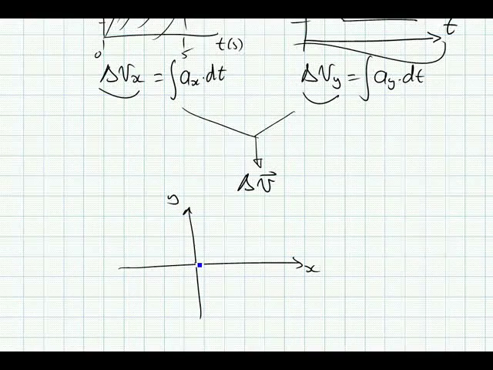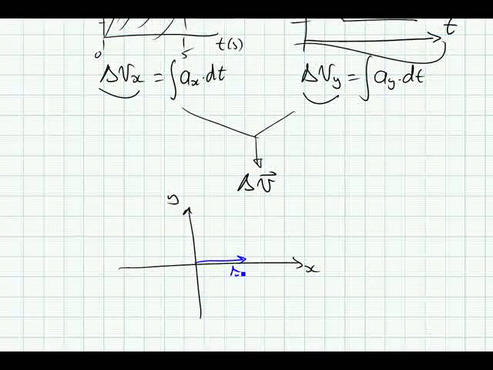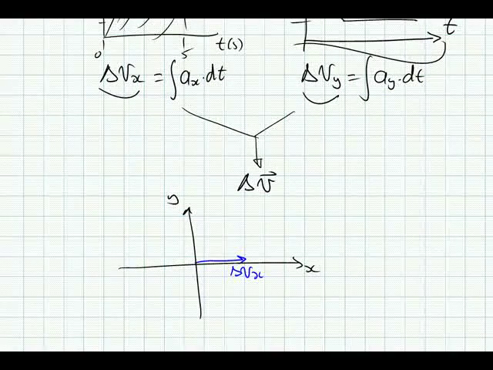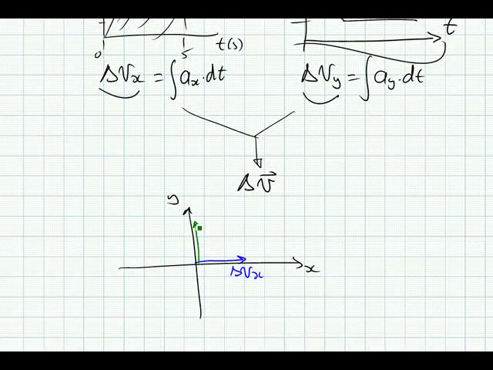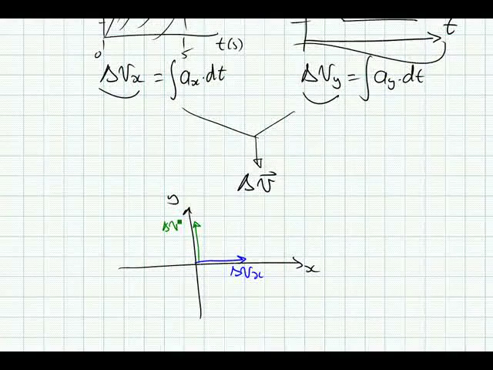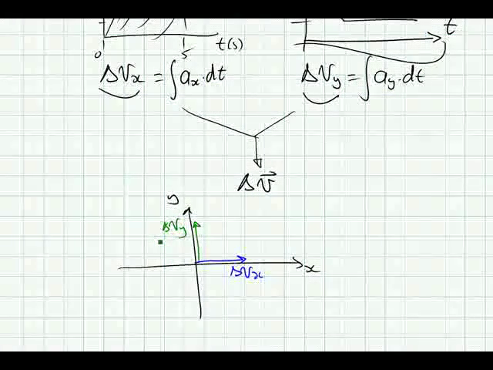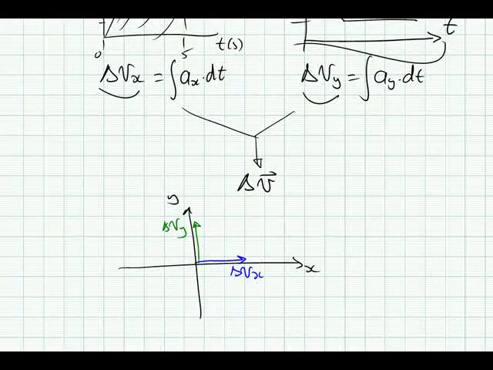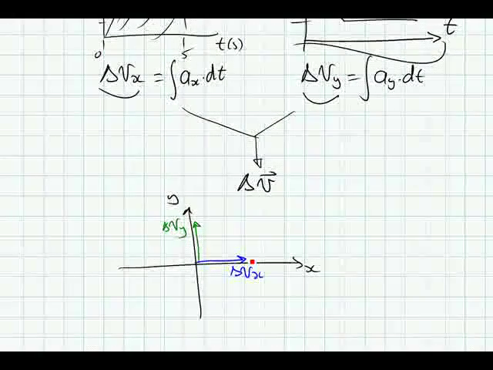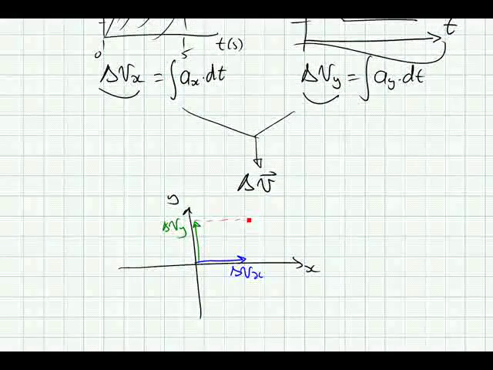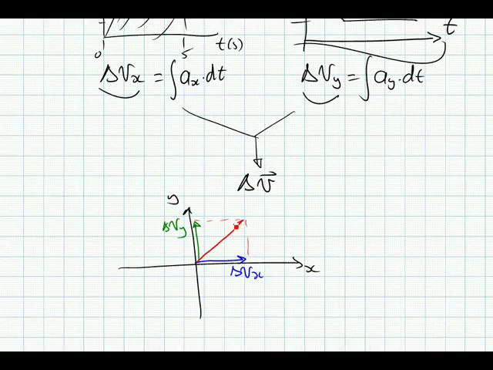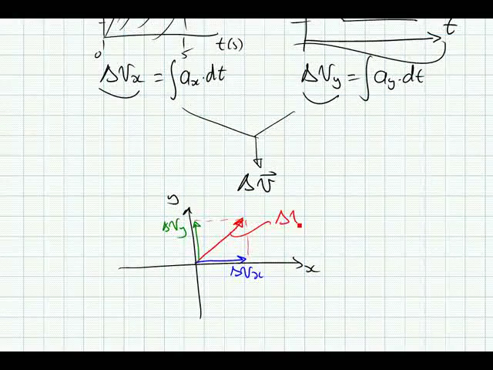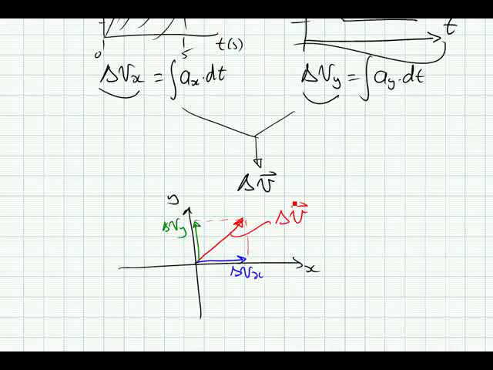You just calculated delta Vx, so let's say delta Vx is a vector like that, that's delta Vx. And you also calculated delta Vy, which is a vector like that, delta Vy. Alright, now delta V is the sum of the two vectors. Alright, so that's this vector right there. So that's your delta V.